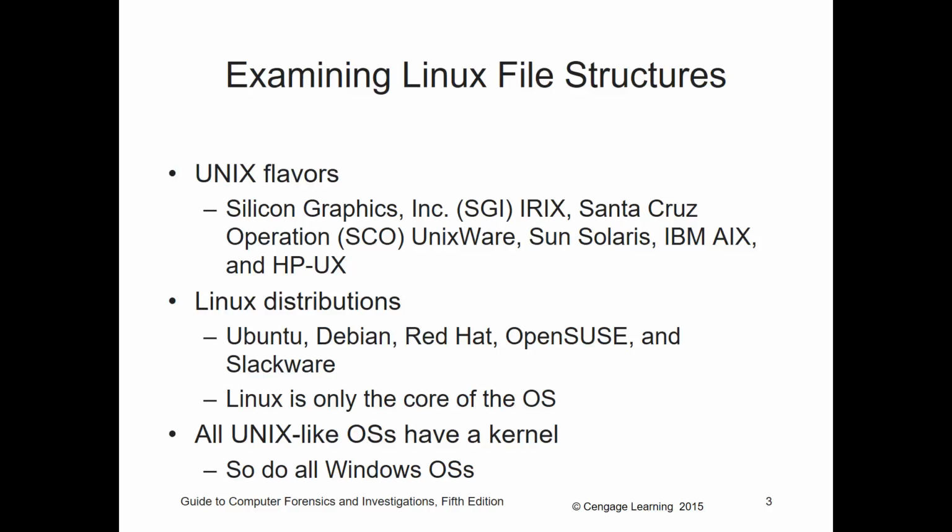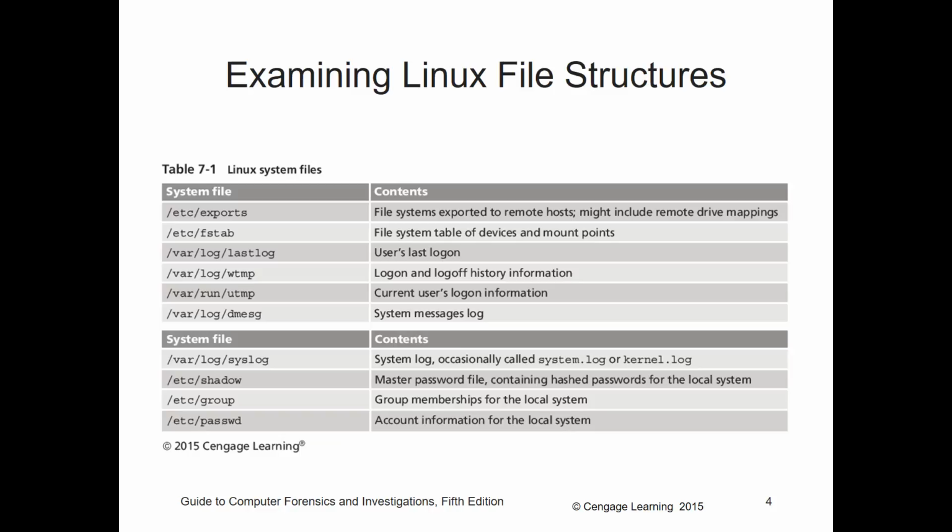All the Unix-like OSs have a traditional kernel, just like Windows has a kernel, and that kernel is the core portion of that operating system. In Linux, the general file structure is just like Windows, where we have certain directories and subdirectories that house certain items.